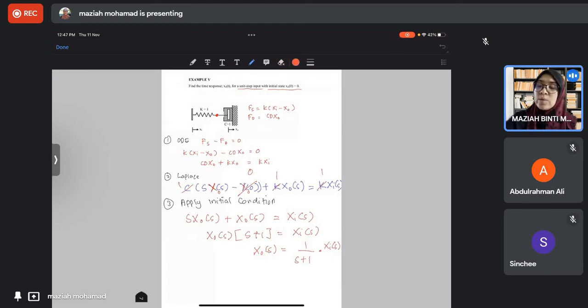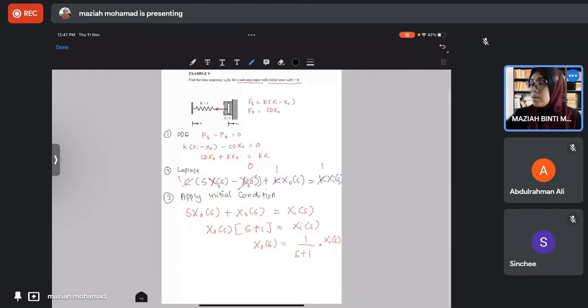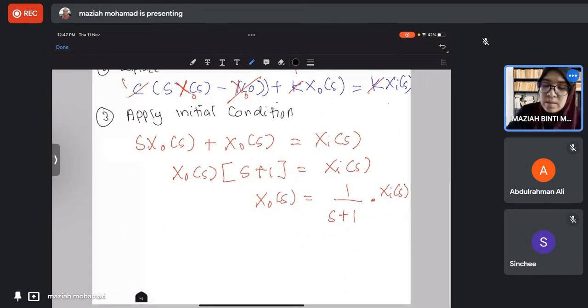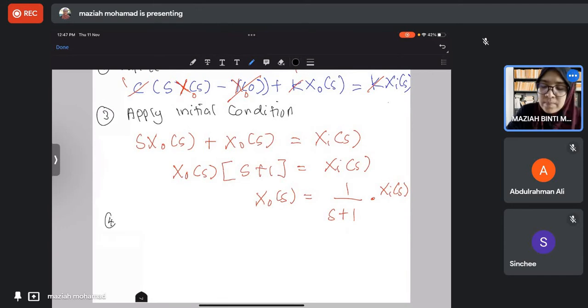Now we are going to apply the input. Number 4, apply the input.